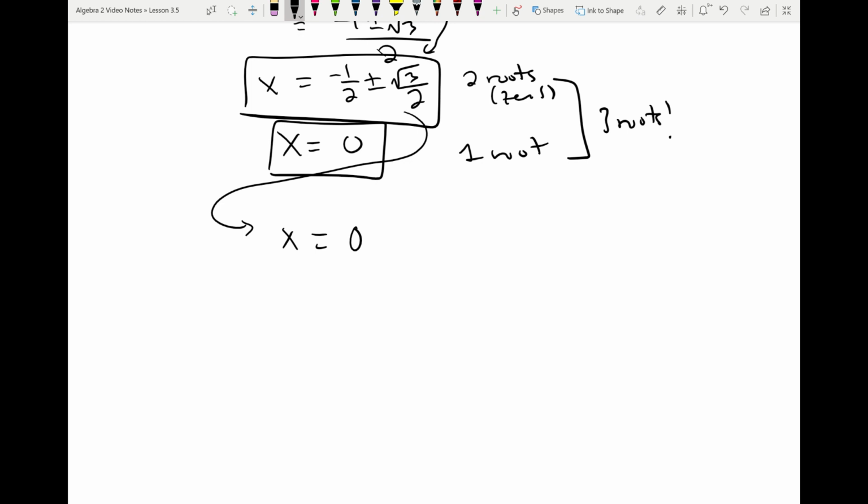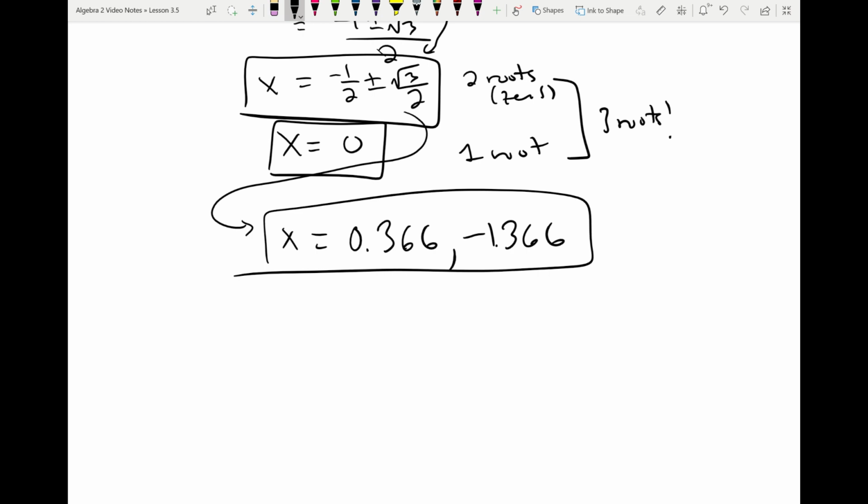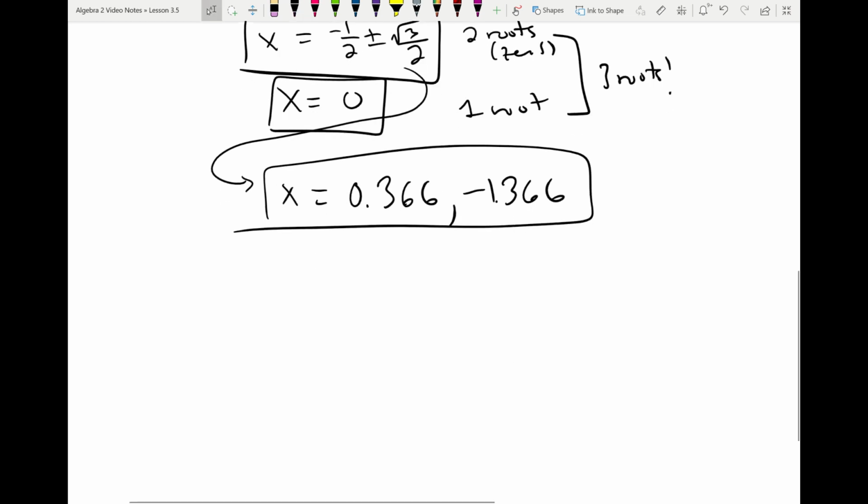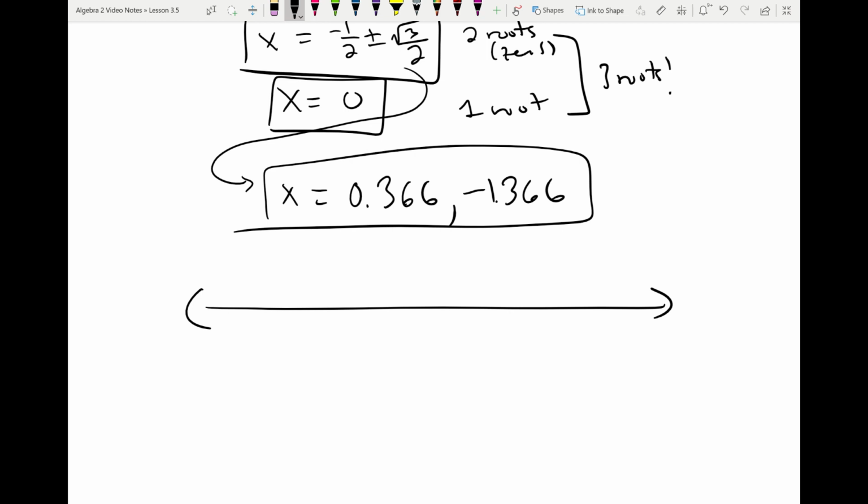So we have 0.366 for one of them, and then negative 1.366 for the other. So now we have our zeros. Now we can do our number line. So we have 0, 0.366, negative 1.366.